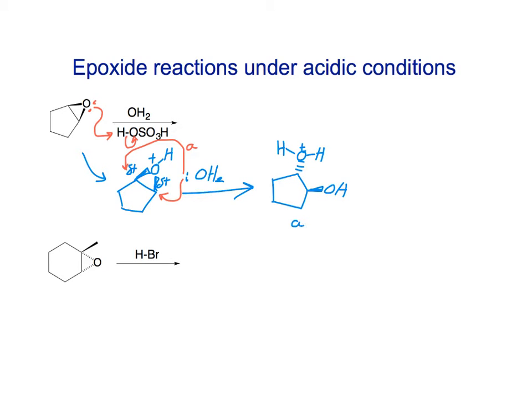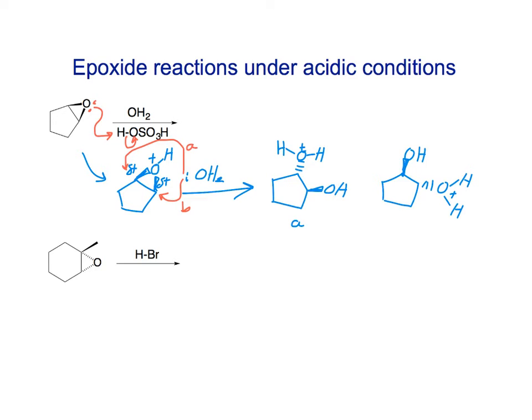This would be pathway A. If we follow pathway B, the water molecule comes in from the opposite side, again from the side opposite of the epoxide oxygen. The bond that's part of the epoxide keeps its same stereochemistry, and we get this intermediate.